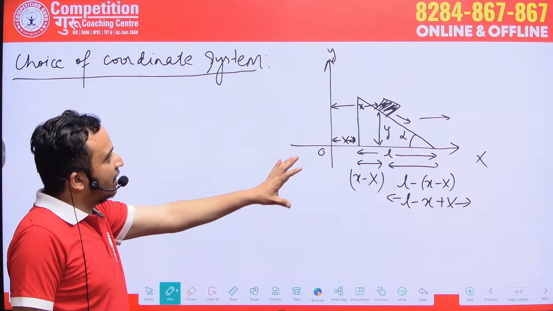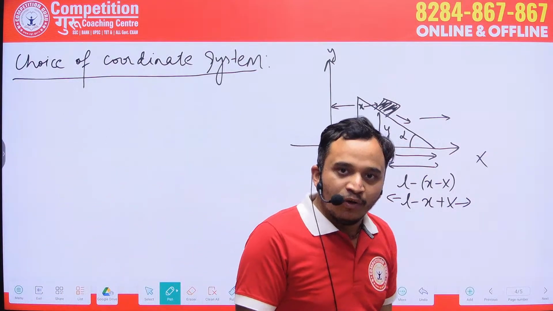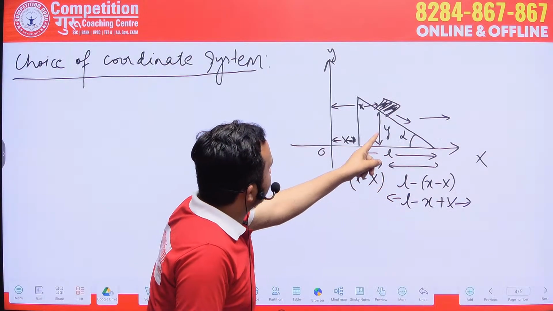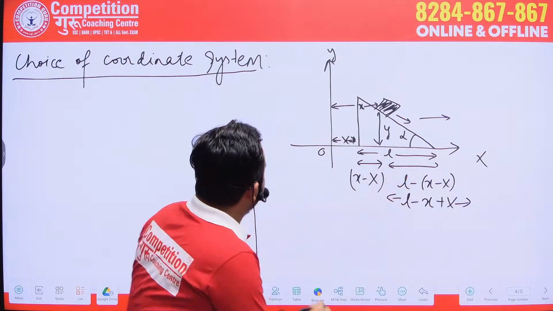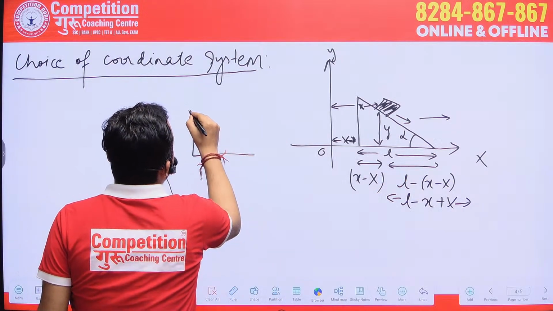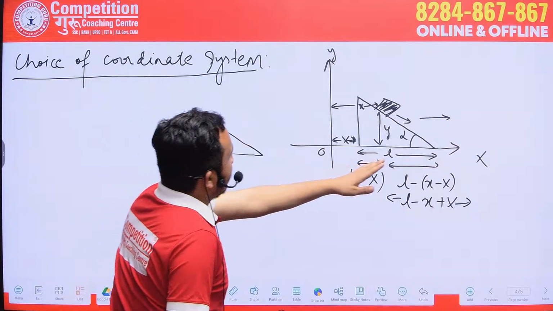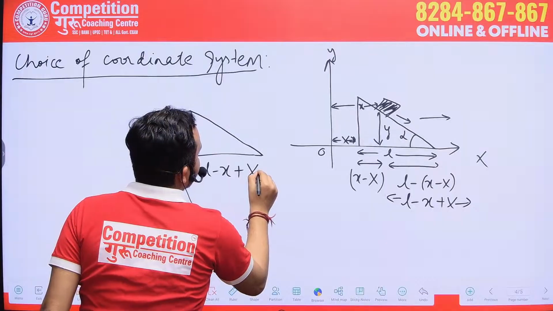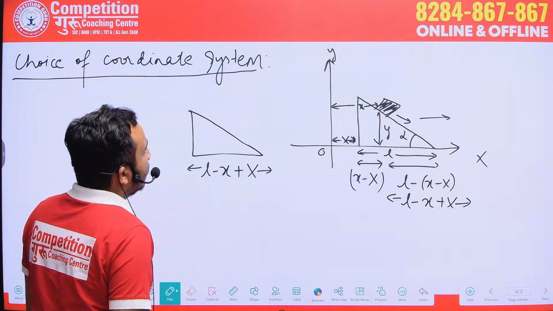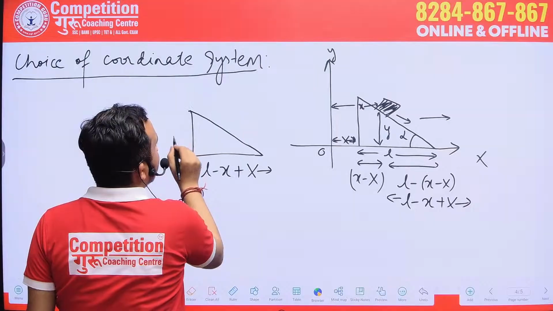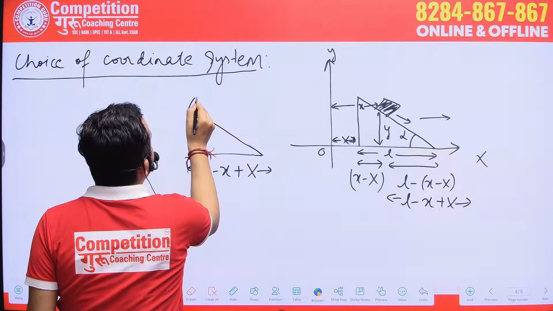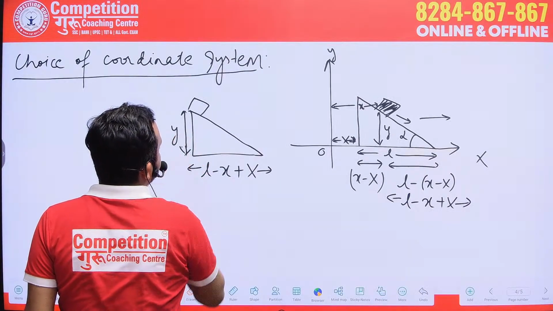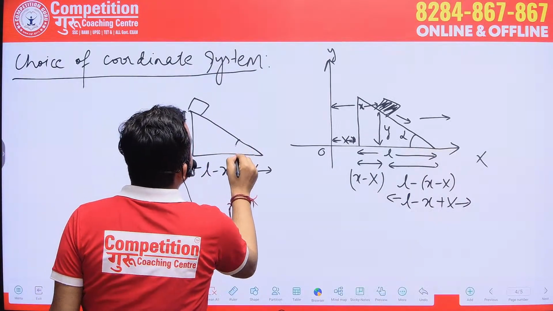So to find the relation between the coordinate systems, we will consider this triangle. Let me draw it here in the figure. It is making a triangle like this. This base is L minus x plus X, and this is y, the height of that block, and this angle is alpha.